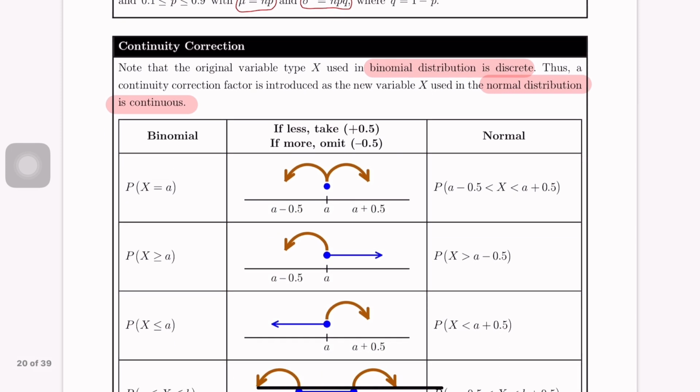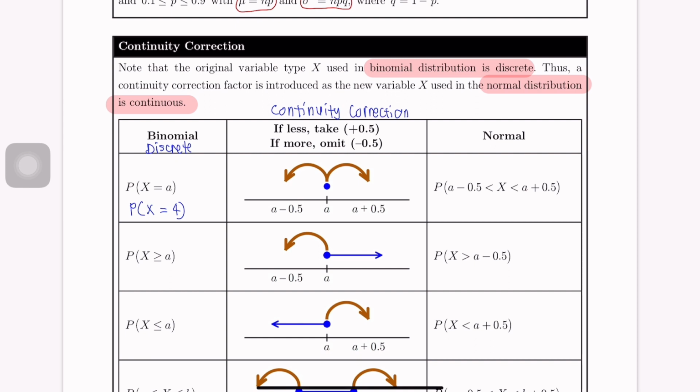For example, this one is binomial, which is discrete. If we have probability x equals a, for example I choose probability x equals 4, to do continuity correction, to change from discrete to continuous, or from binomial to normal, we will choose 0.5 less and 0.5 more than the value.